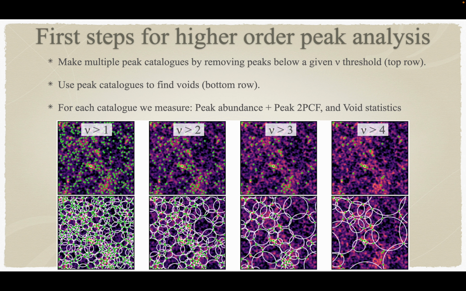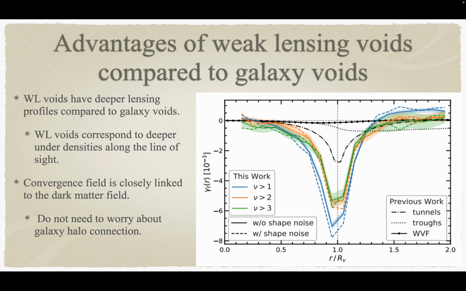So we put each catalogue into a void finding algorithm which gives us different void catalogues, and you can see here how the void populations differ between different catalogues, and we will see why this is useful later on, where the voids here are the white circles plotted on top of the green dots in the bottom row.